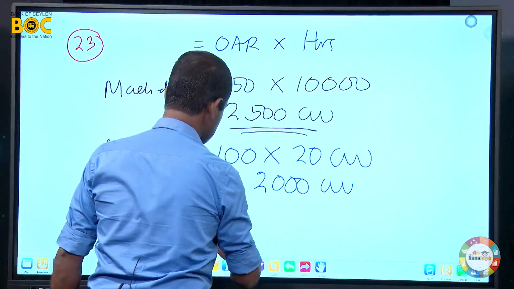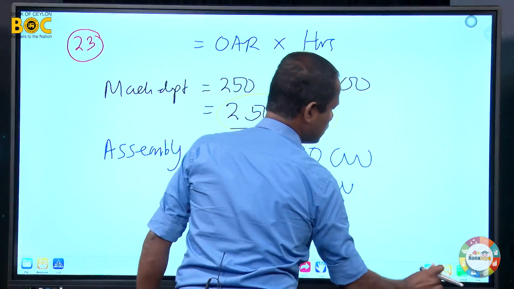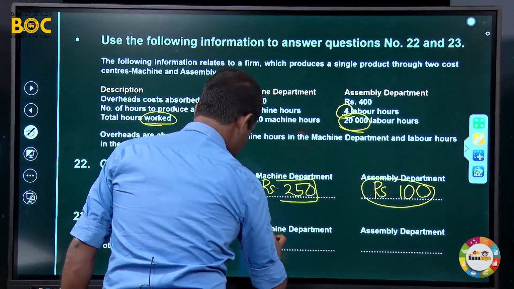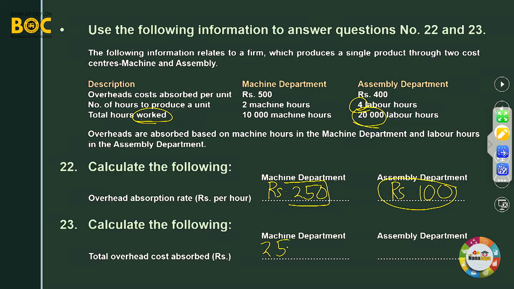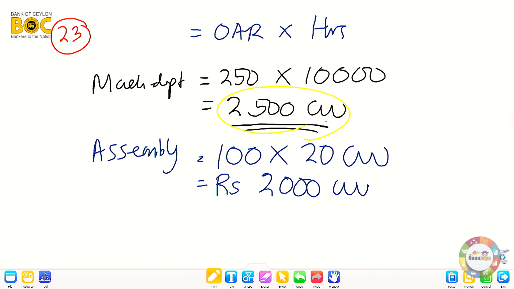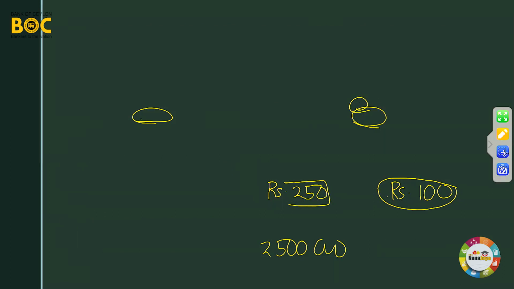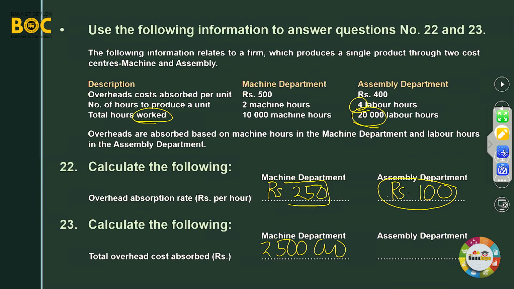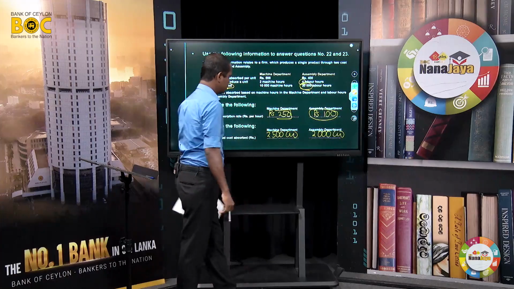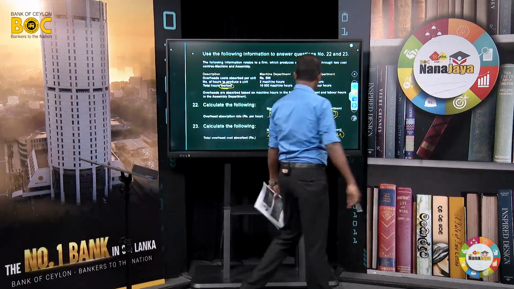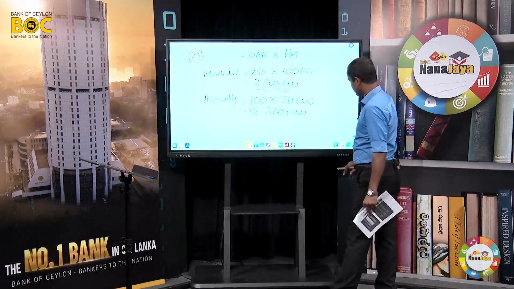2,500,000 here, and here you got 2 million rupees. Machine department 2,500,000.